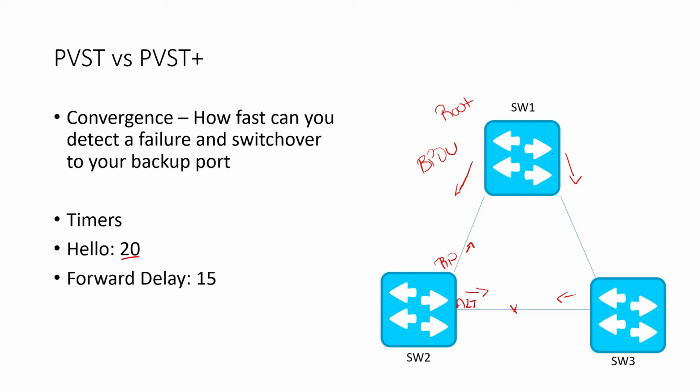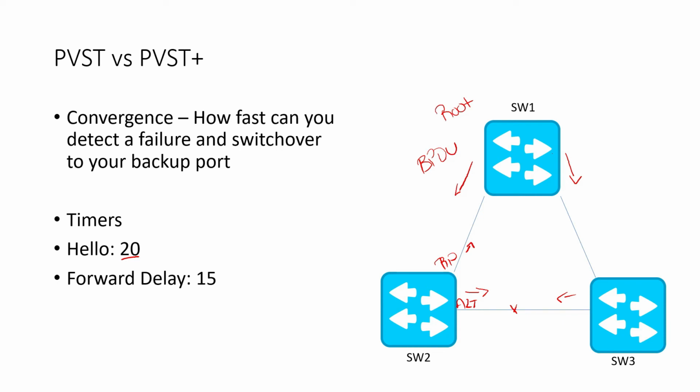The problem with that is that it can take up to 20 seconds before switch 2 even knows there is a problem. Because if he has to miss just one BPDU from switch 1, well, switch 1 is generating these every 20 seconds. So by the time 20 seconds come, I should receive a BPDU from you, and if not, I'm going to know something is wrong.